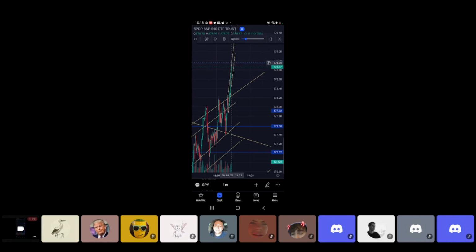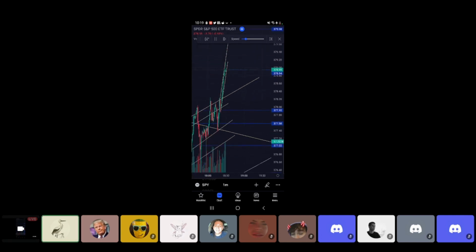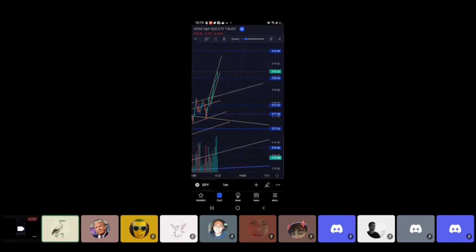I would try to aim for that 5-10% cut, but I would take this put here because at the end of the day, it's a resistance. And it took it. So right there, I would cut that, and I would take the loss right here.